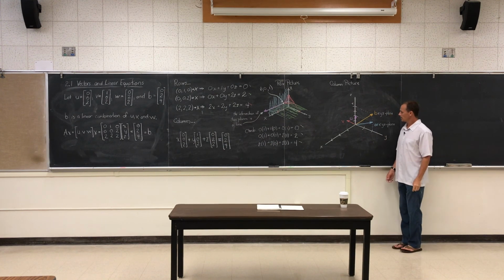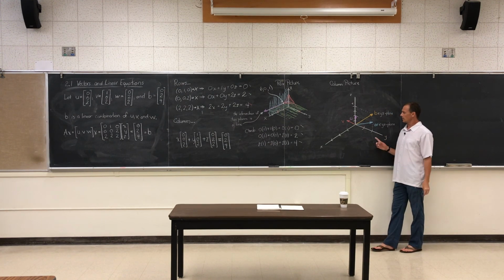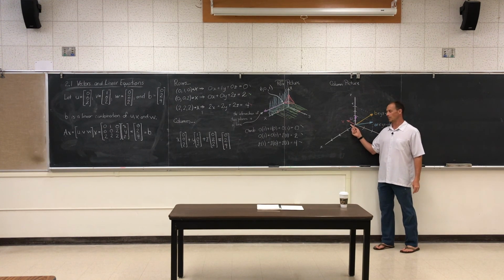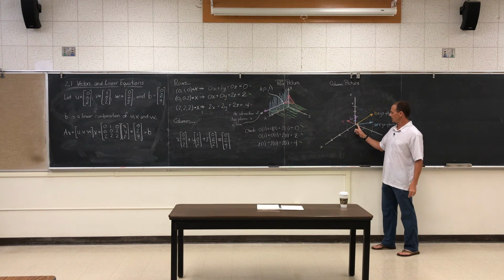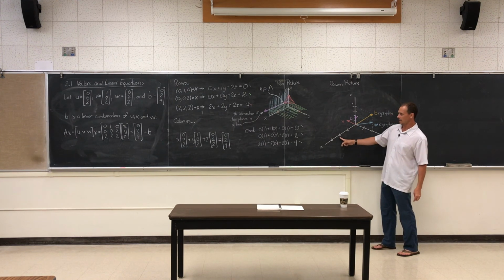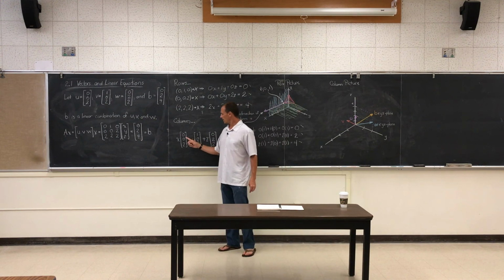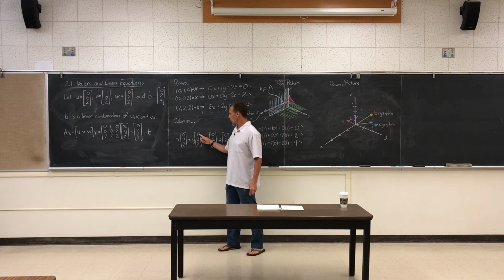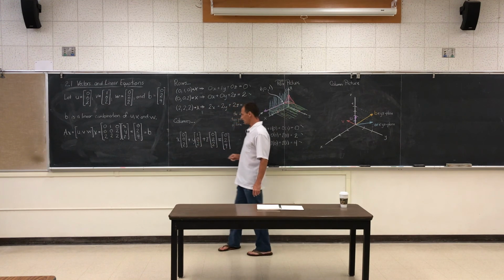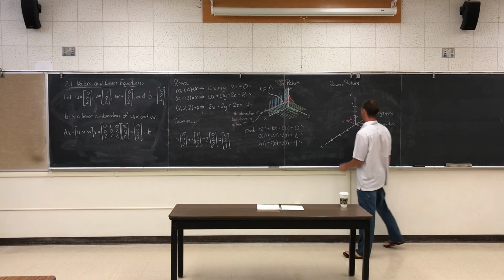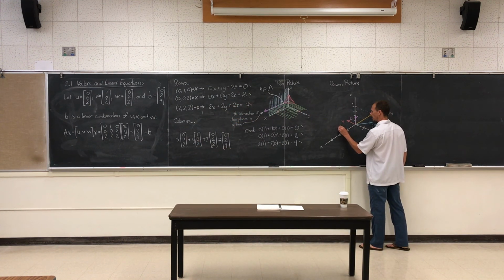Now, look at this. If I'm in the yz plane, and I take a vector v, well, where is v? V has a y value of 0. V is this. It's 1, 0, 2. Y is 0 here. So V is in the xz plane.